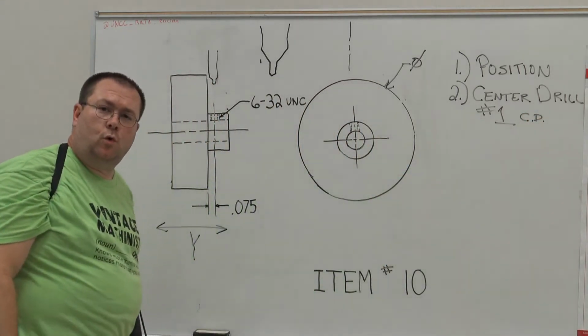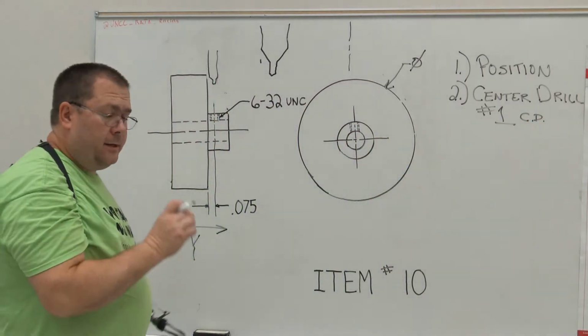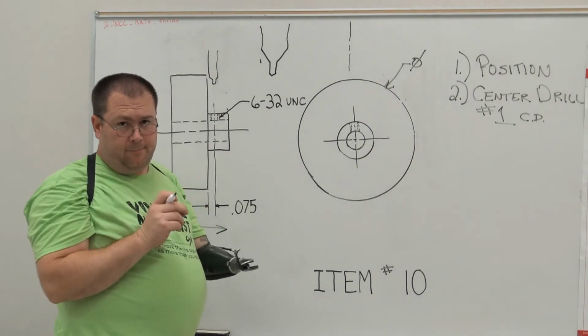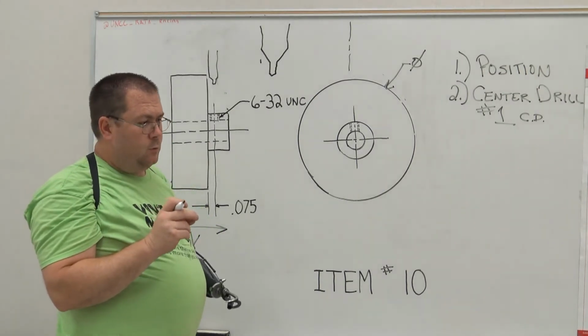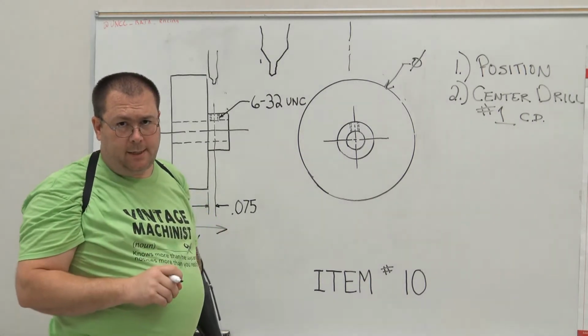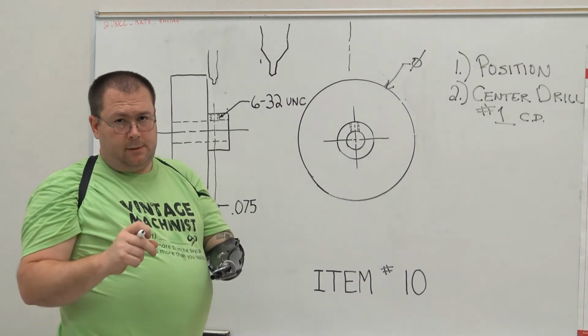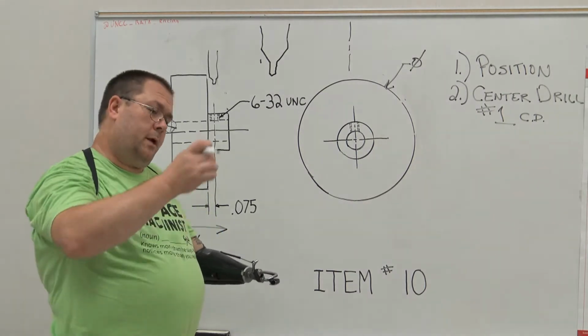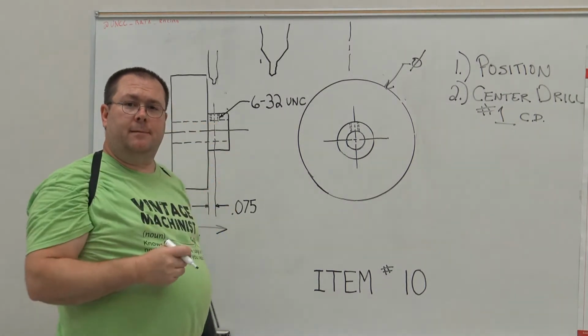Okay, that's the tool that we're going to use. Now it's very tiny on the tip. I think a number 1 center drill has a 3/64 cutting diameter on the tip. It's very delicate. So all we're going to do is come down and just touch it.